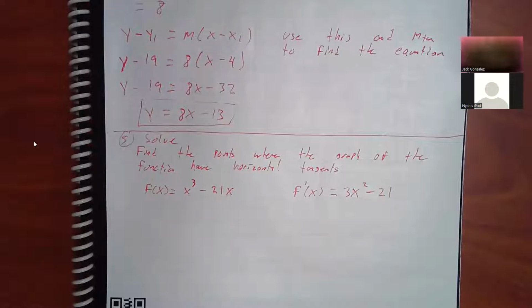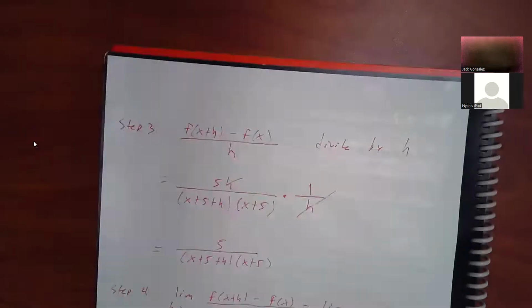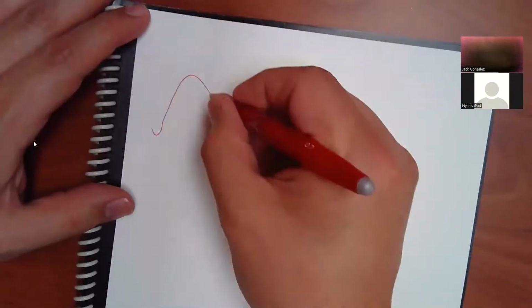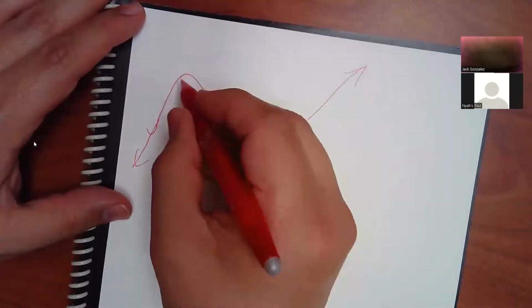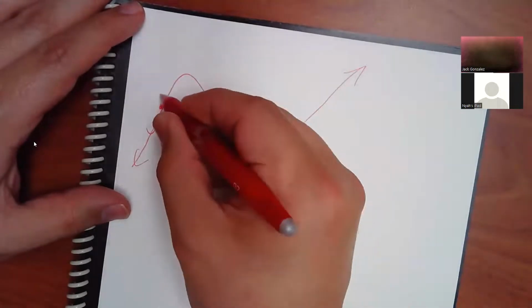Okay, when we're talking about tangent lines, a horizontal tangent means there's a point somewhere on the graph where the tangent line is horizontal. Like if you had a graph, tangent lines look like that, right?